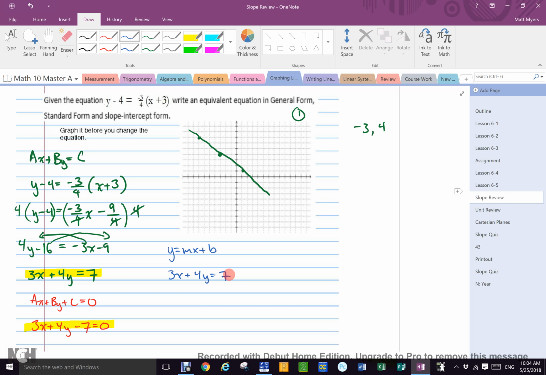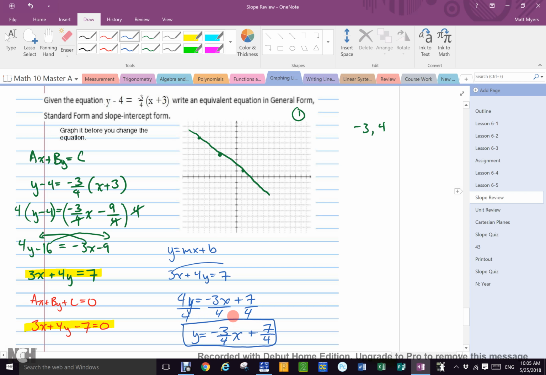Coefficient is 1, positive. So I'm going to move that 3x. 4y equals negative 3x plus 7. How do I get rid of the 4? Divide by 4. Y equals negative 3/4 x plus 7/4.